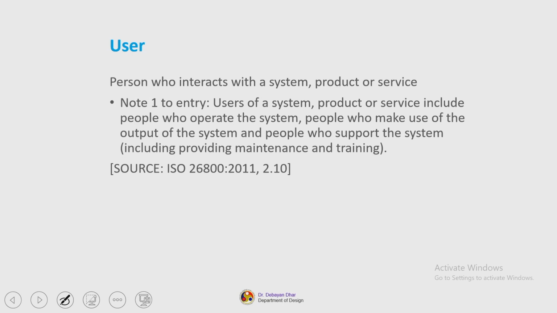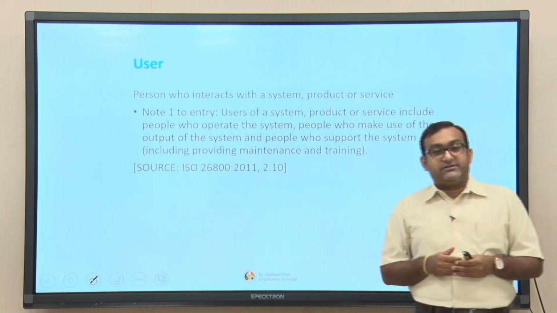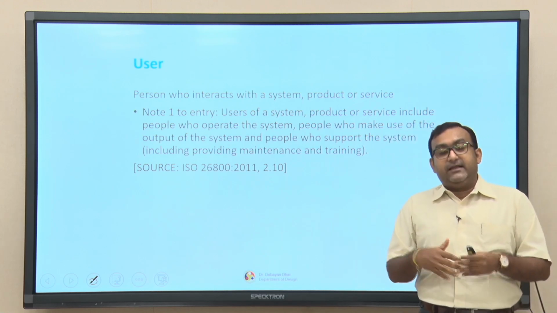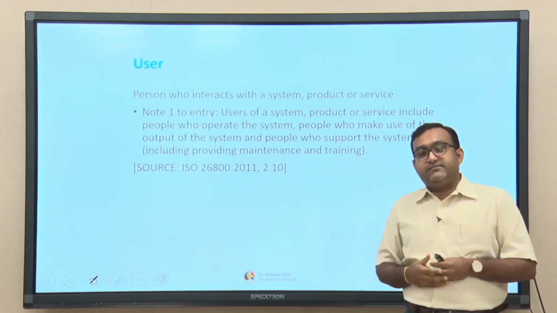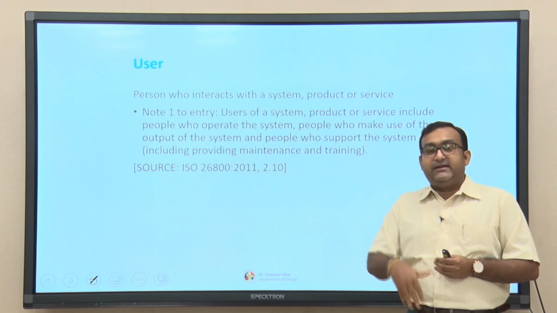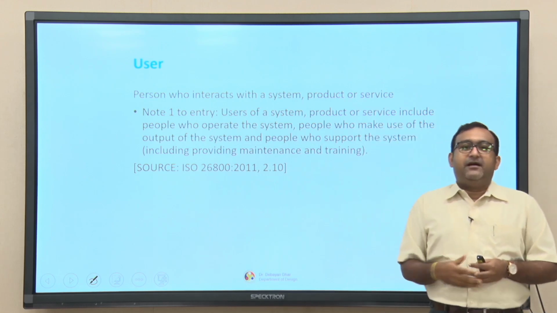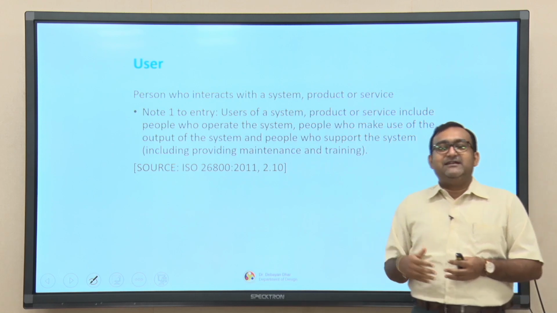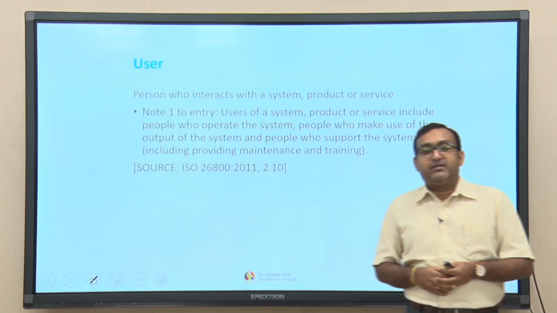It does not mean that he is only the end user, right. It says that at any point of the life cycle of the product, there are a group of people who are having a dialogue with the system or with the product, whether he can be the designer who is building up the product, or he is the person who is maintaining the service or the system, or he can be the end customer as well.